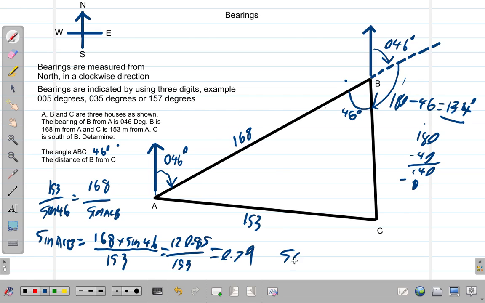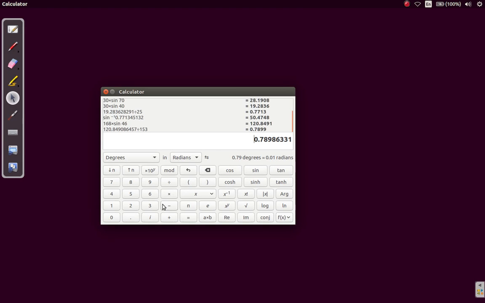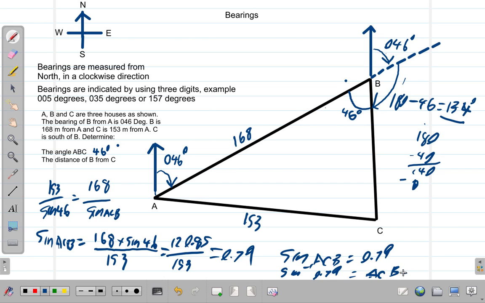Now, the sine of ACB is 0.79. So what we do is find the sine inverse of 0.79 to get ACB. Sine inverse equals 52 degrees. So this angle is 52 degrees.